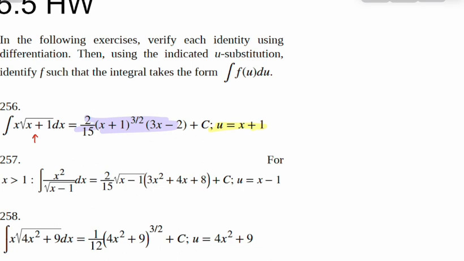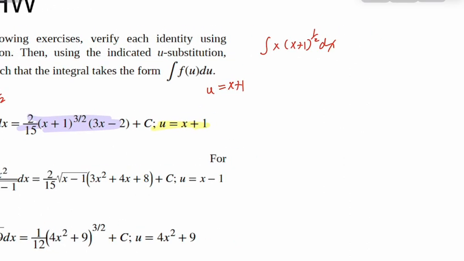This is stuck inside of a 1/2 power. So we have an integral of x times the quantity x plus 1 to the 1/2 dx. Now they've told us that our u is x plus 1.